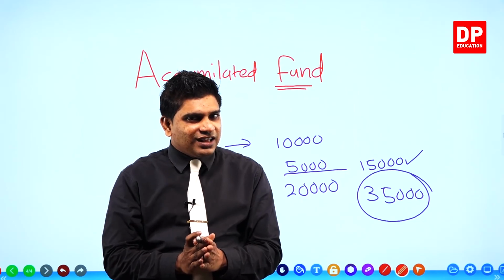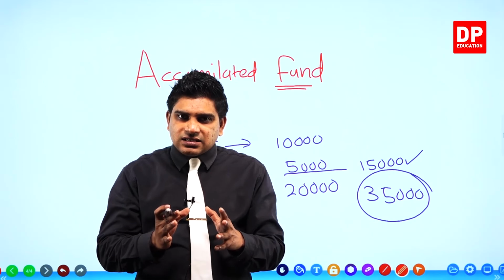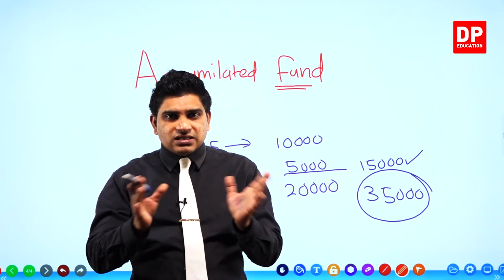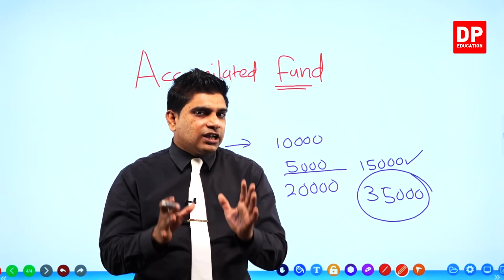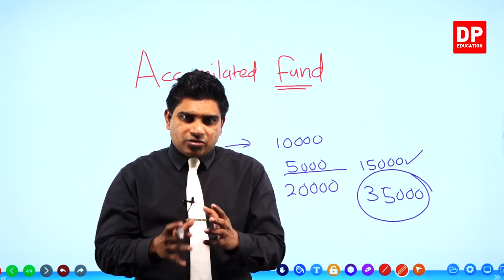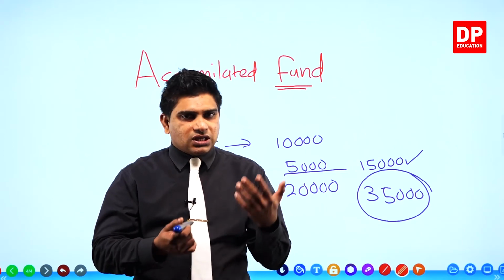The collection of surpluses in the previous years is called the accumulated fund. When you finish your income statement, you get the last answer, surplus or deficit.